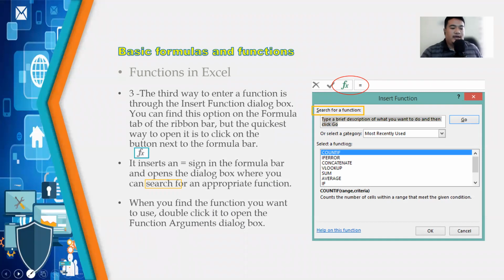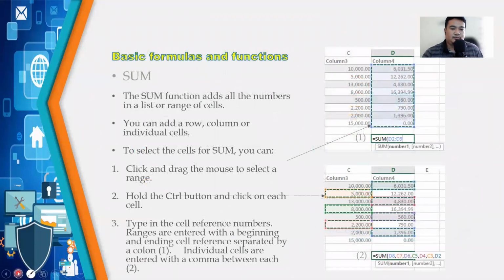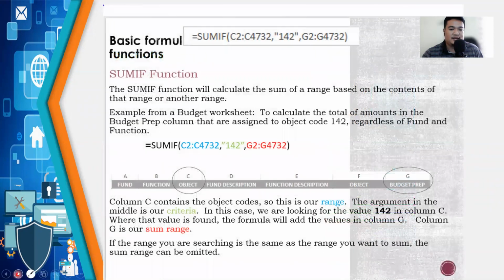Moving on, we have here, still on functions, an example of how to use the SUM function. We performed it earlier, so I think we have to skip this slide. And also this one.